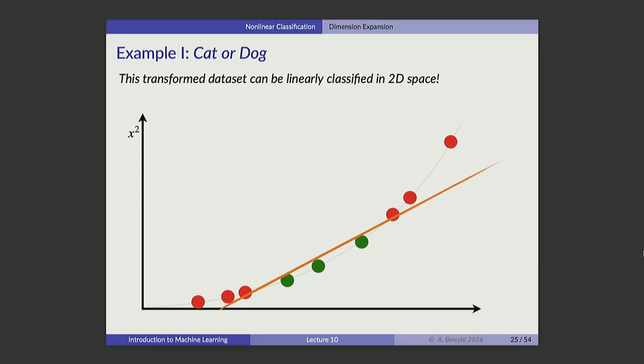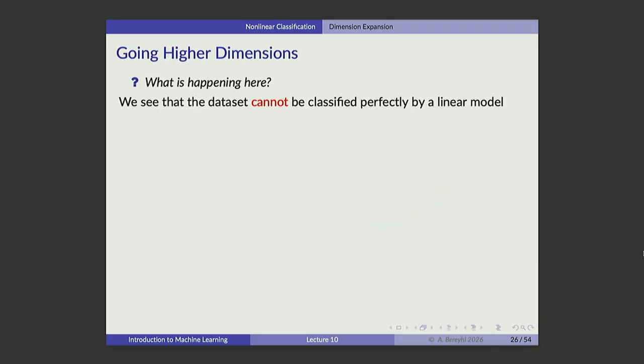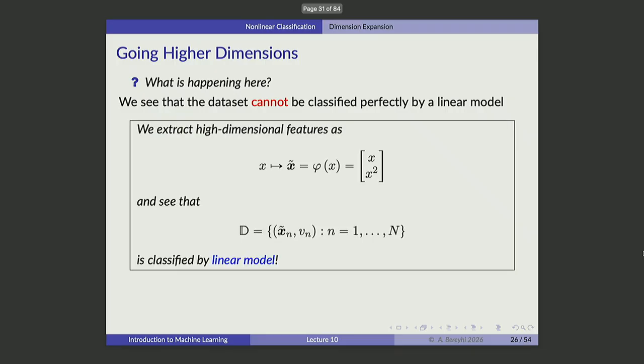Everybody's cool? So what is happening here is that it's true that I cannot classify my data perfectly in its own domain, but I can do the classification perfectly with a linear model in the higher dimension. This is the main idea. If I start from x and somehow map it to higher dimensions, now I'm building x tilde, and this x tilde is a two-dimensional vector. x is the first entry, x squared is the second entry.